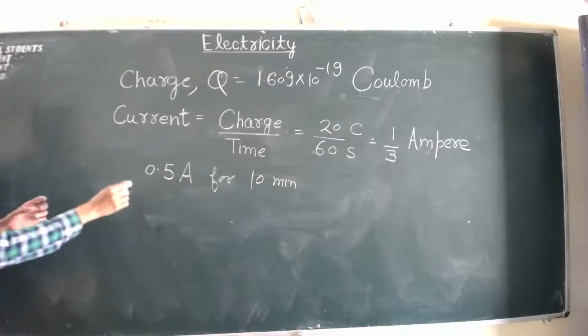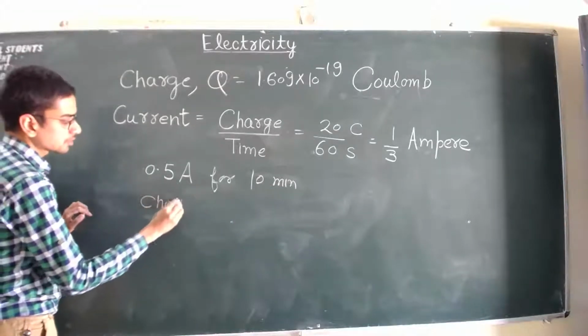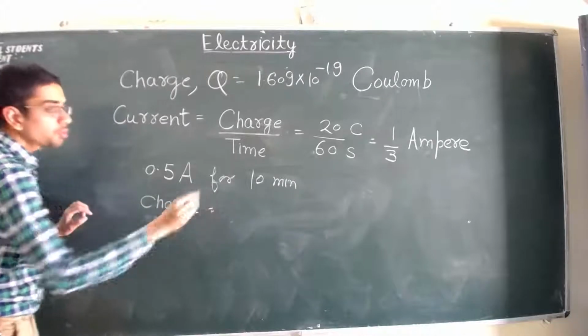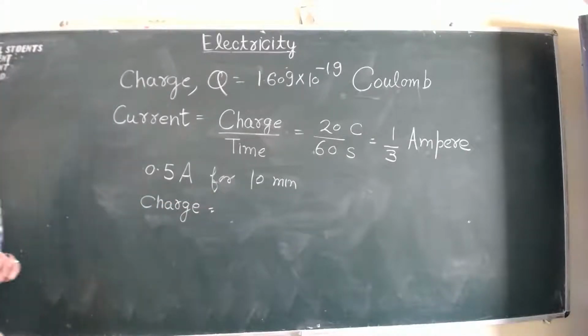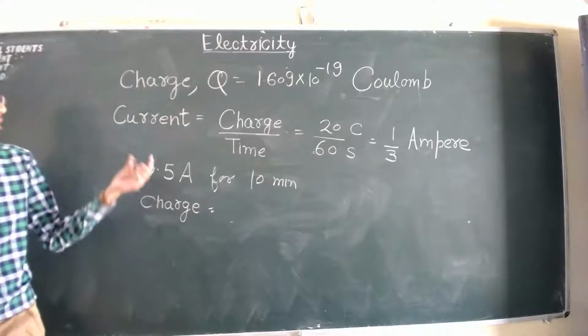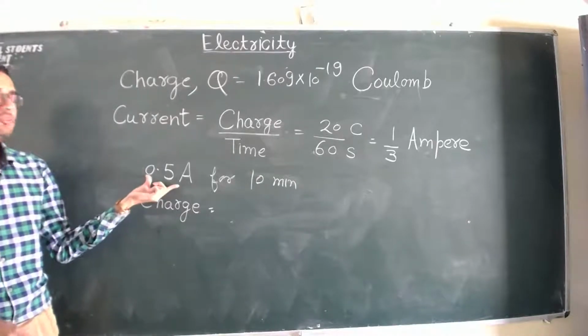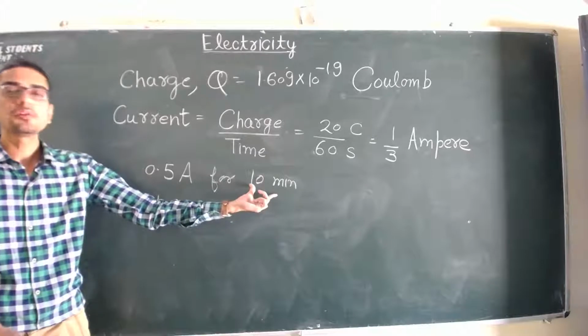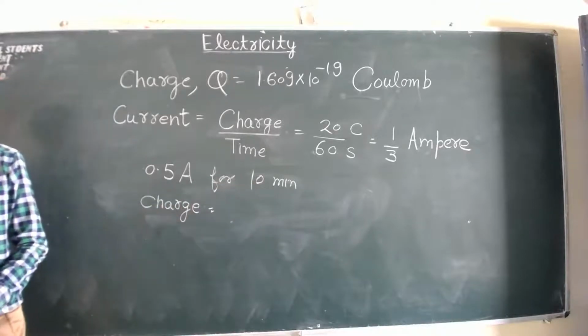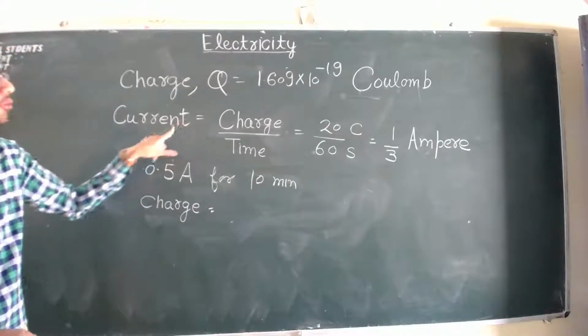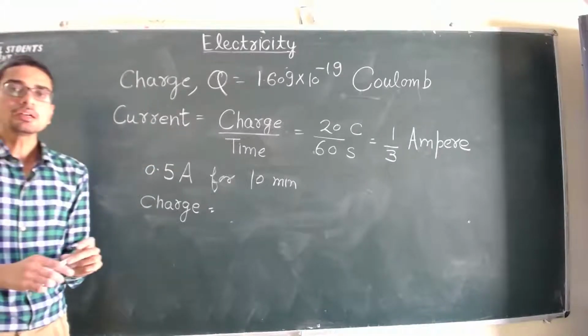Tell me the value of charge. You have to answer this right now. अभी आंसर दीजिए. करंट की वैल्यू अगर 0.5 एम्पियर है और 10 मिनट्स तक फ्लो कर रहा है, तो चार्ज की वैल्यू क्या होगी? You find out from this formula and send me the answer.